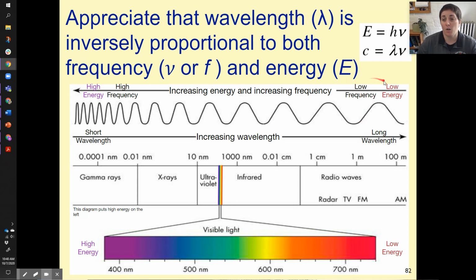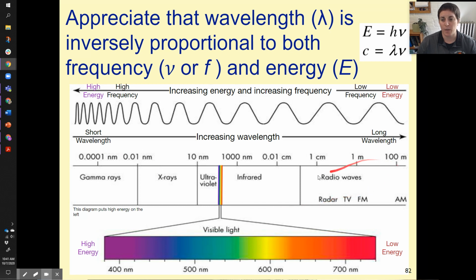So you'll notice that low frequency and low energy have very long wavelengths. So high wavelength, low energy and frequency. They're inversely proportional. On the other end of the spectrum, we've got very short wavelengths, and that means that there's a high energy and a high frequency. So the shorter the wavelength, the higher the energy of the electromagnetic wave.